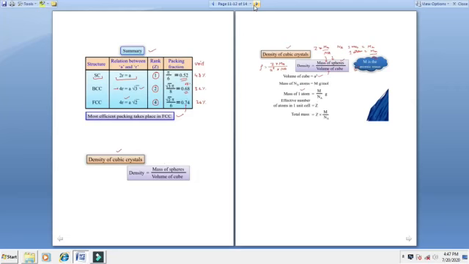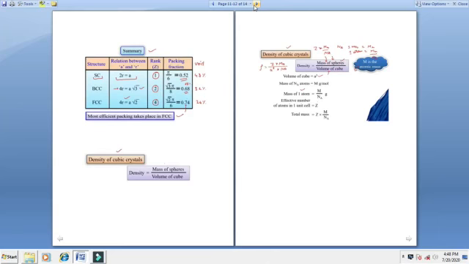Packing fraction comes to 0.52 in case of simple cubic, BCC it comes to 0.68, and for FCC it is 0.74, and the remaining is the void, 48%, 32% and 26%. You need to learn this table because for all the numericals you will be needing these values. Most efficient packing, you can see for yourself, takes place in FCC.